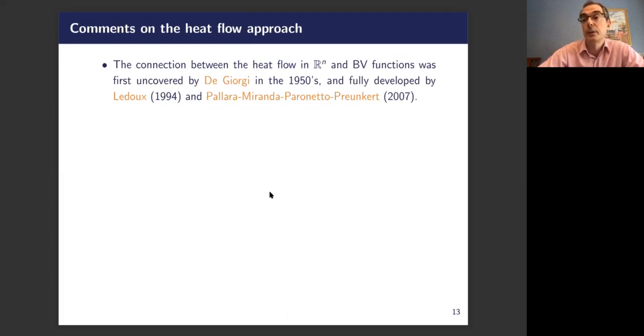Almost at the same time as Caccioppoli proposed his definition of sets of finite perimeter, De Giorgi developed the first characterization of sets of finite perimeter using heat kernels.